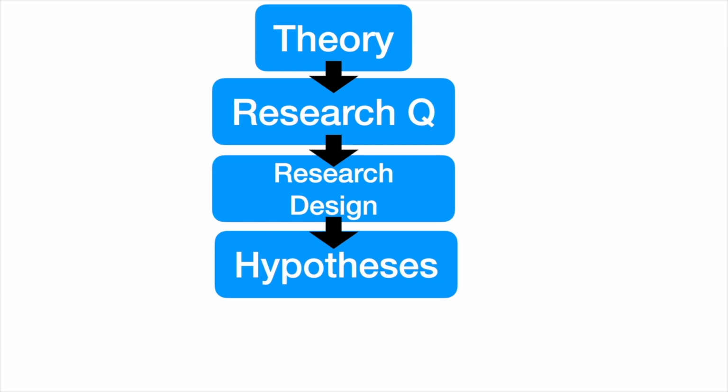The hypothesis is what you predict happening, the outcomes of this specific study. So now that you've designed the study, you have two mothers. One provides food. One provides comfort.